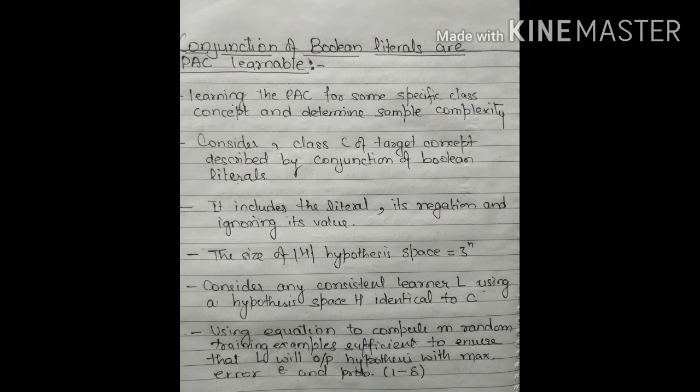Now consider any consistent learner L using a hypothesis space H that is identical to our target concept. Using the equation to compute m, the random training examples sufficient to ensure that L will output a hypothesis with maximum error epsilon and probability 1 minus delta.